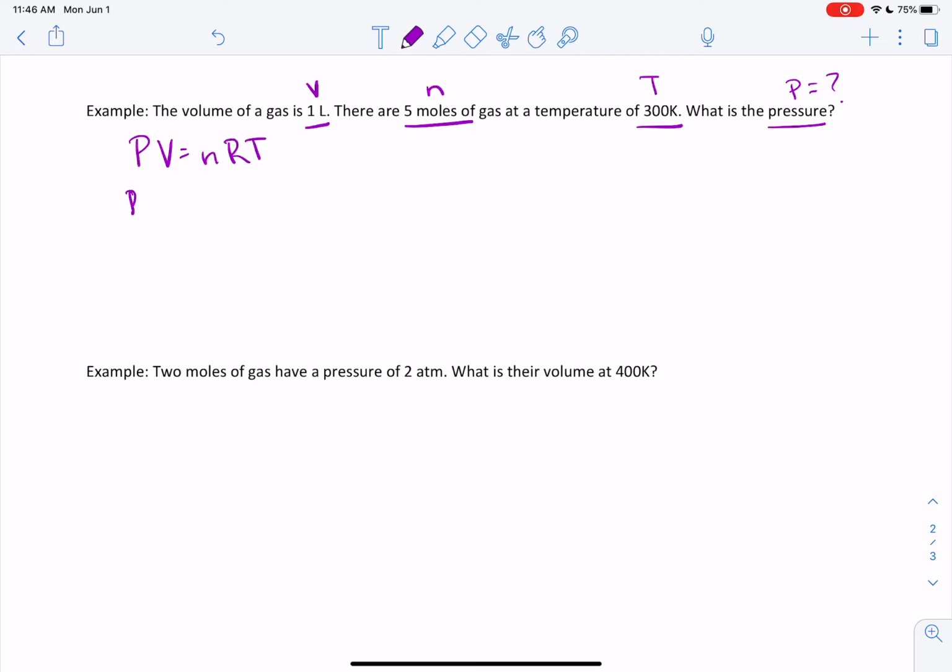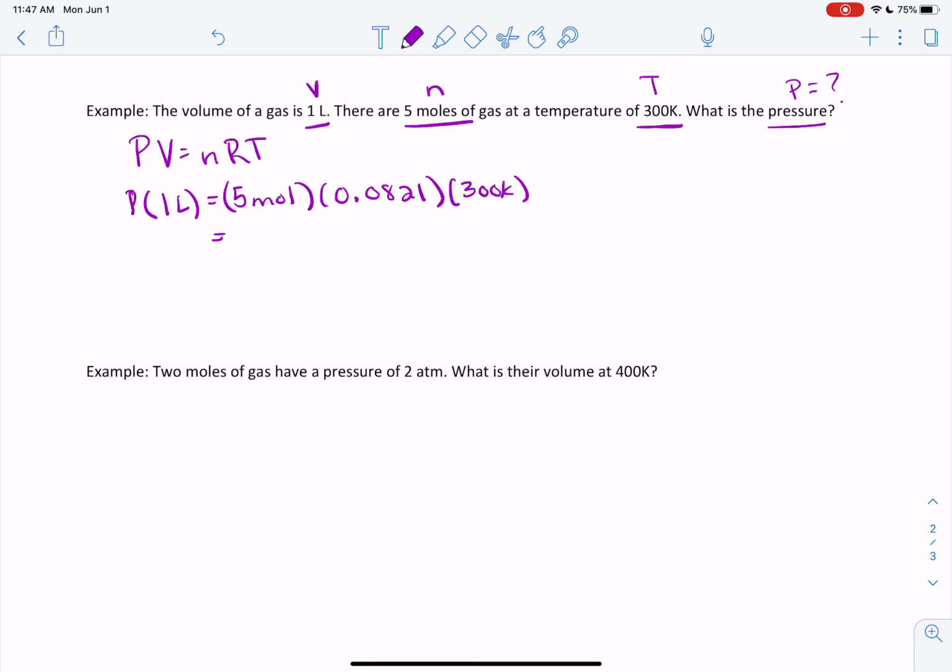We don't know P, we know volume is 1 liter, N is 5 moles, R is always 0.0821, that's what R is. And T is 300 Kelvin. Make sure you're using Kelvin. If you were given Celsius, you'd have to add that 273 to get it into Kelvin before you could use this equation.